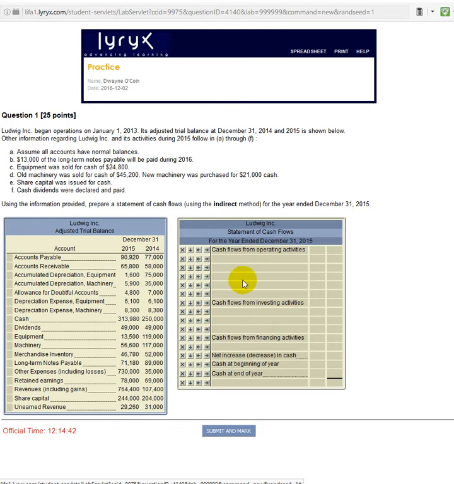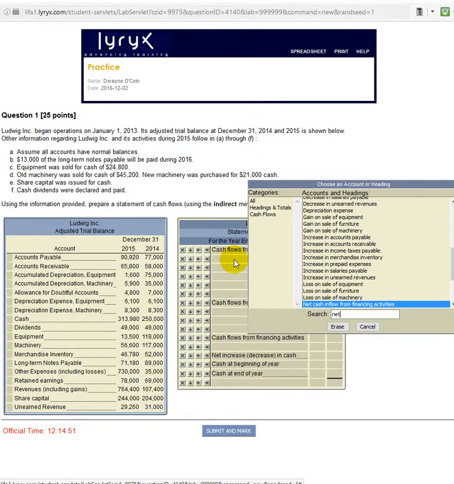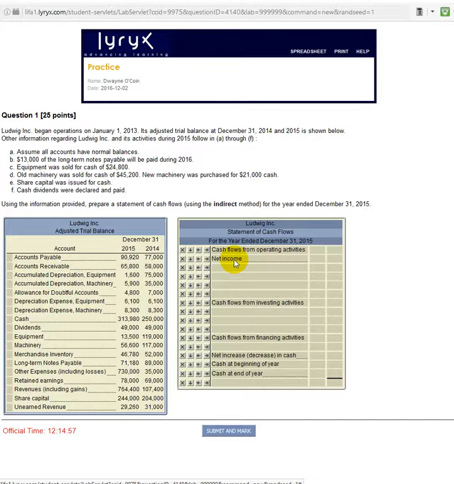Then we'll get started with the operating activities. In the operating activities, we start with net income. Well, we're not actually given net income, but let's assume it's income. I guess we don't really know for sure. If it turns out it's a loss, then we'll have to change the heading here. But we'll start with net income. And let's take the revenue number, the other expenses, and the two depreciation expenses.